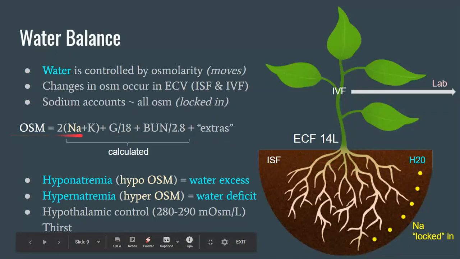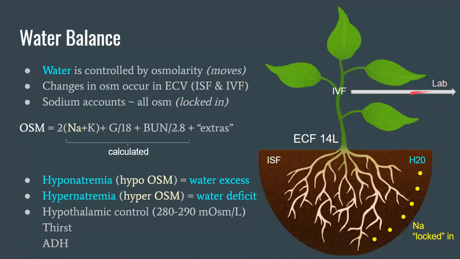Now the osmolarity, you remember this formula. It's just to illustrate that just about all of the osmolarity is driven by sodium. Sodium is star of the show here. But the big thing you've got to get in your mind is that when you're talking about measuring sodium, when you're talking about hyponatremia or hypernatremia, you're just talking about what you get when the phlebotomist sticks a needle in Uncle Joe's blood vessel in his arm, and that little tube of blood goes to the lab and they measure it.